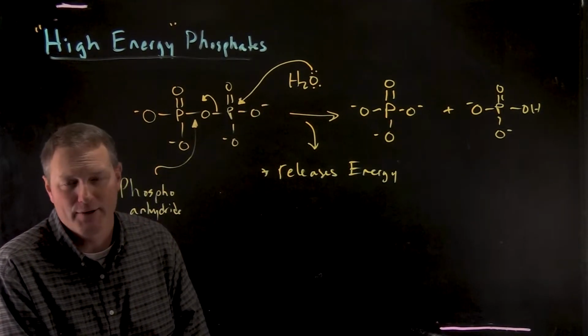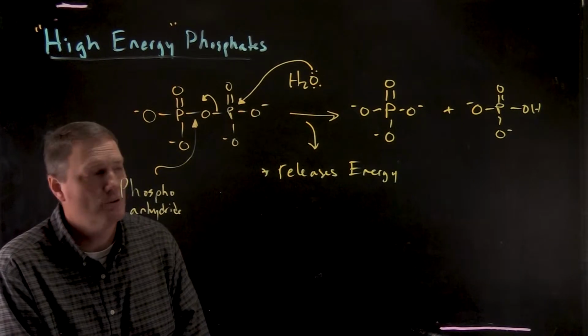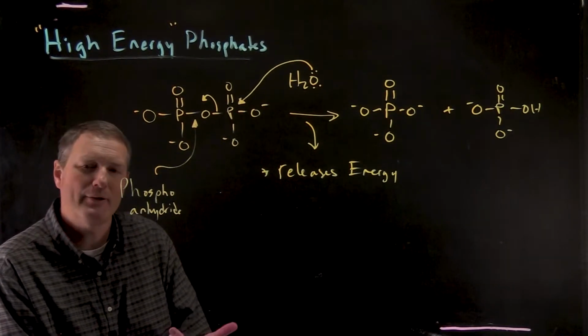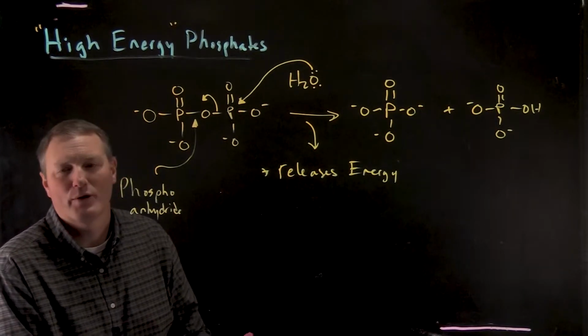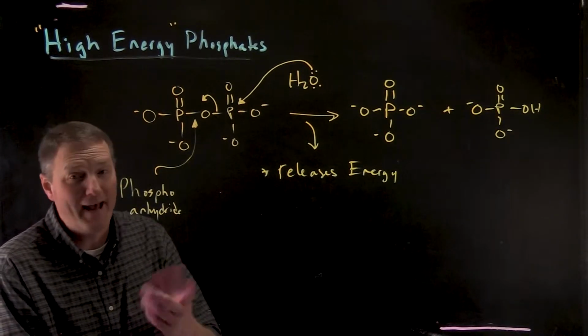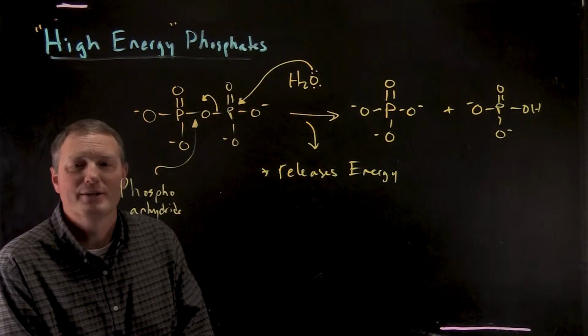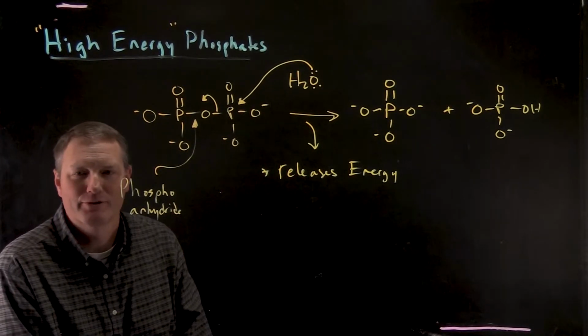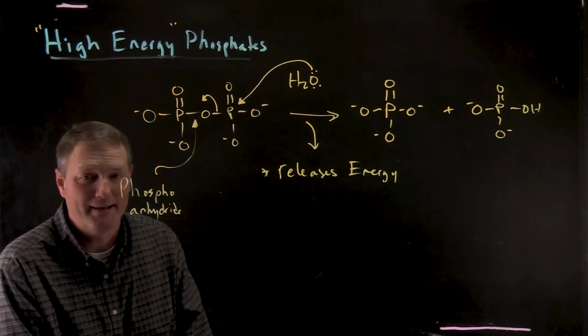Or if you're using the SI units, you'd use joules or kilojoules. For our class, we'll just use kilocalories. And again, a calorie is the amount of heat that's required to raise 1 gallon of water 1 degree Fahrenheit. So that's how much a calorie is.